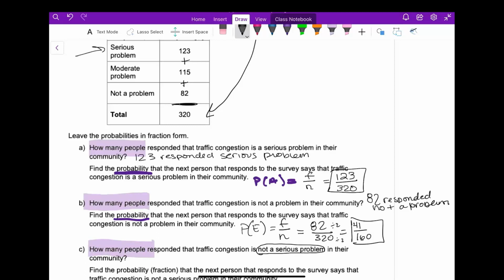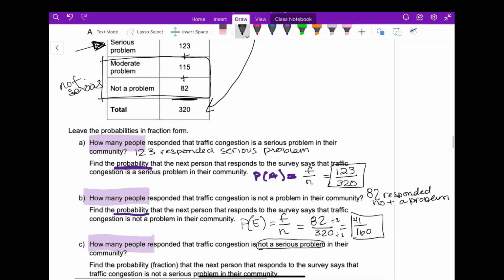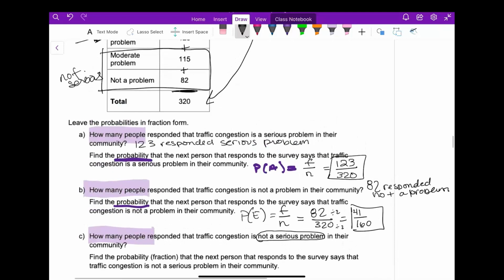So if this is serious problem, then these must be not serious. Remember, we just practiced that in the previous lesson 2.4. So moderate problem and not a problem, both of those are considered not serious. We would have 115 plus 82, and that gives us 197 people who think it's not a serious problem.